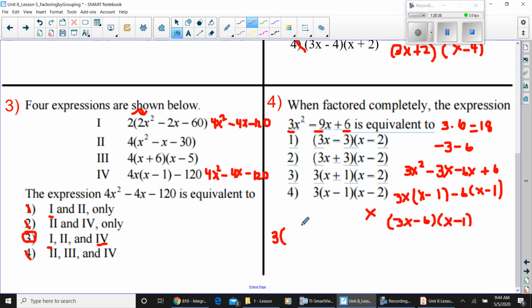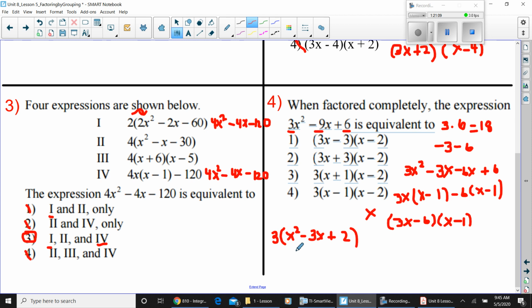Yes, it could. But again, take the 3 out, and then that's the greatest common factor. Then you're going to have this 3x squared. And then what times 3 equals 9x? 3x, negative 9x. And then what times 3 equals 6? 2.